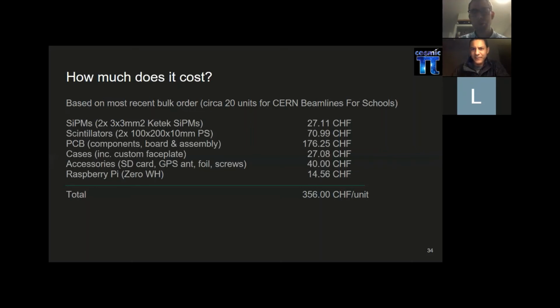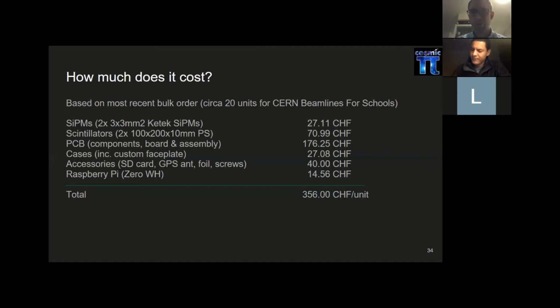Yeah, so when we first started back in 2014, the batch size that you needed to mass produce and really get the cost down was in the order of 1,000 units. In terms of PCBs, that was the way the electronics industry scaled, and likewise, we had great difficulty getting manufacturers of scintillators to even respond to our emails because we were asking for such a small quantity.